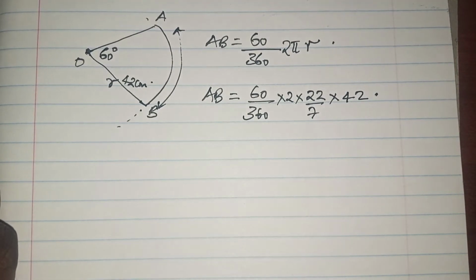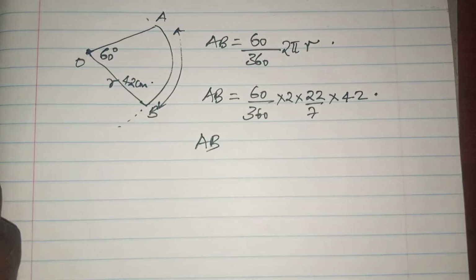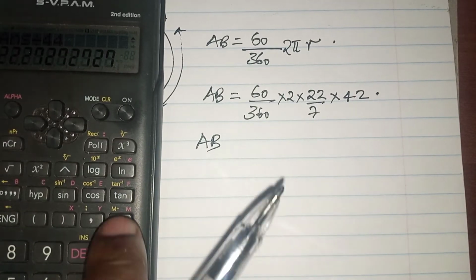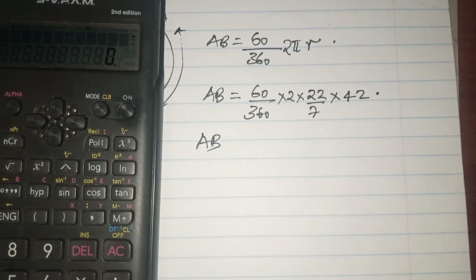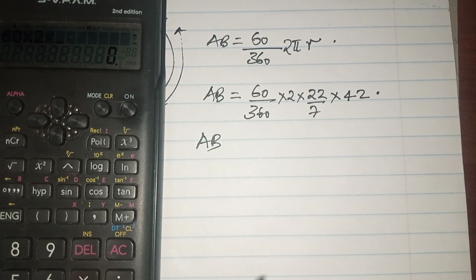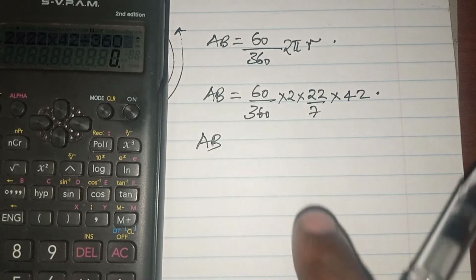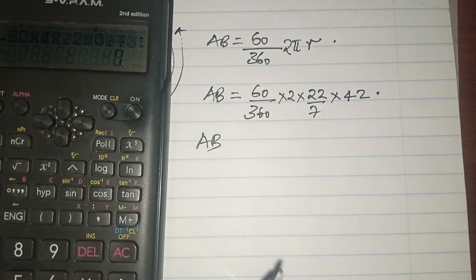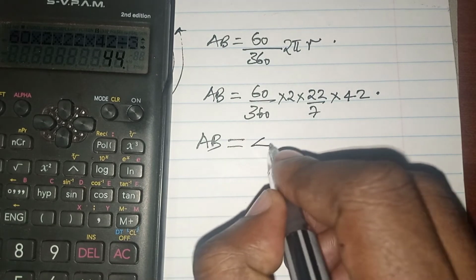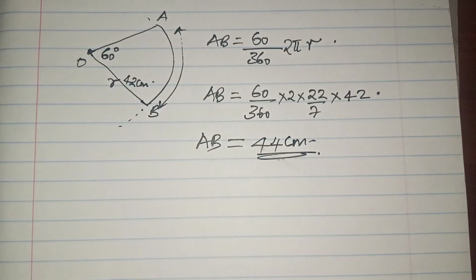In this case, we can easily employ our calculator: 60 times 2 times 22 times 42. Now we divide by 360 and again divide by 7, which is 44 centimeters. The arc length is 44 centimeters.